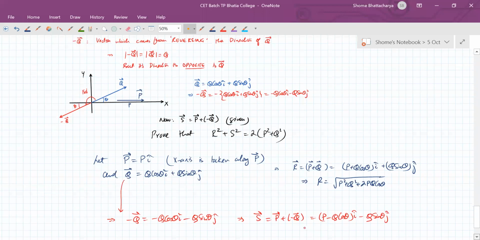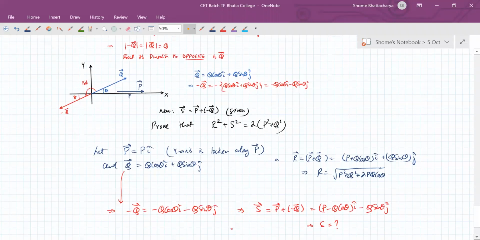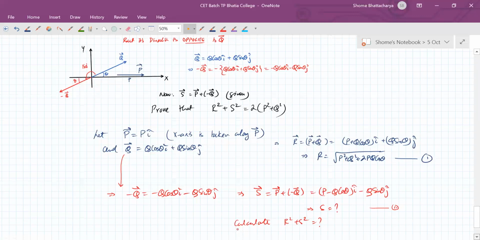So from this what you do next is you find out the magnitude of s, and then calculate r square plus s square. Calculate this by using this equation on the one hand, and whatever you'll get here. Okay, so calculate this by squaring the two equations.